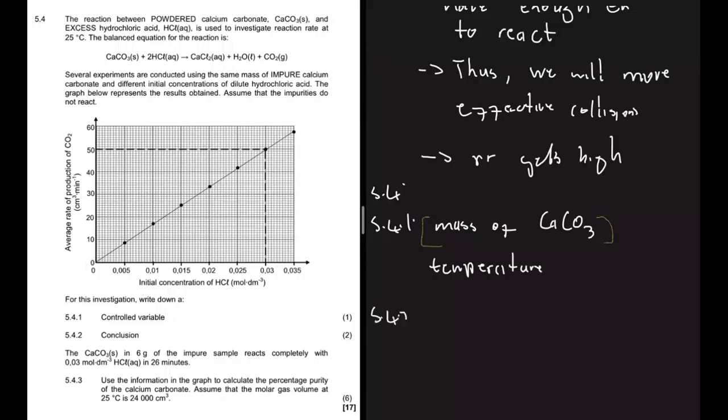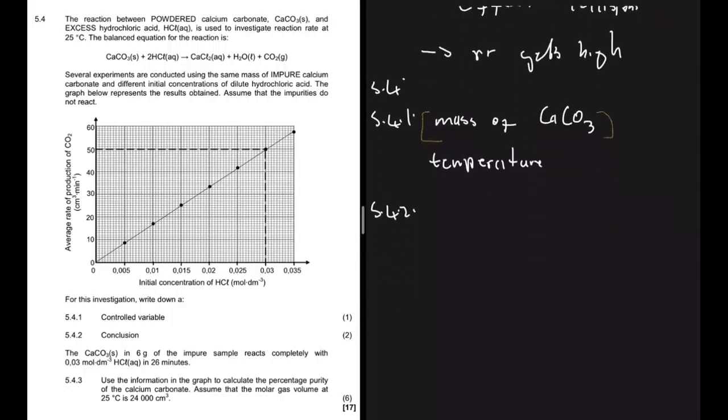5.4.2 says let's have a conclusion for this investigation. Okay, look at the graph. Look at the x-axis. As the initial concentration of HCl goes up, the average rate of production of CO2 is also going up. And CO2 is our product, right?